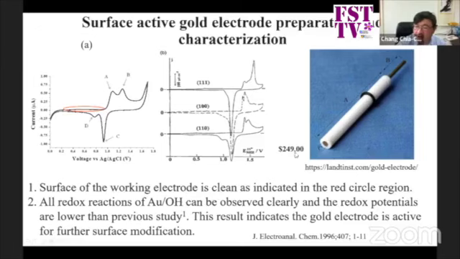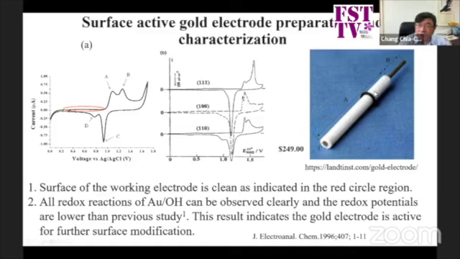Here is an example. For instance, we purchased one electrode, and this gold electrode has a diameter of about 2 millimeters, and its price is around $250 US.